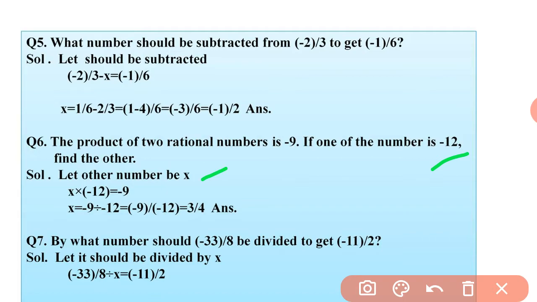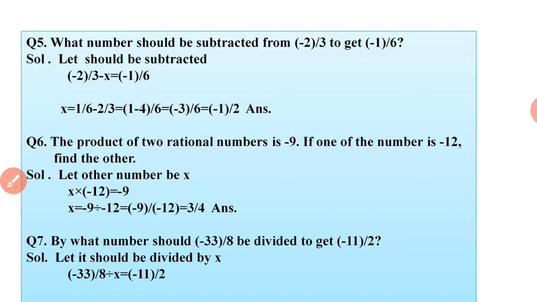So when x is multiplied with minus 12, it is equal to minus 9. So when we find the value of x, x equals minus 9 divided by minus 12. When we divide minus 9 by minus 12, the answer will be 3 by 4. So 3 by 4 will be the answer. So in this way we can solve this question.